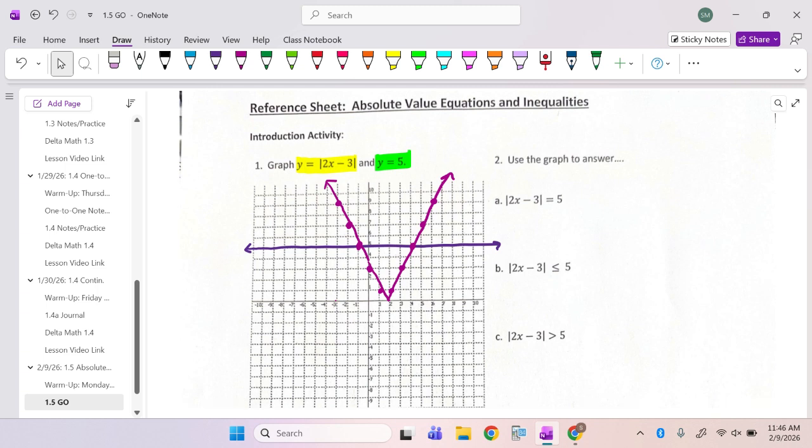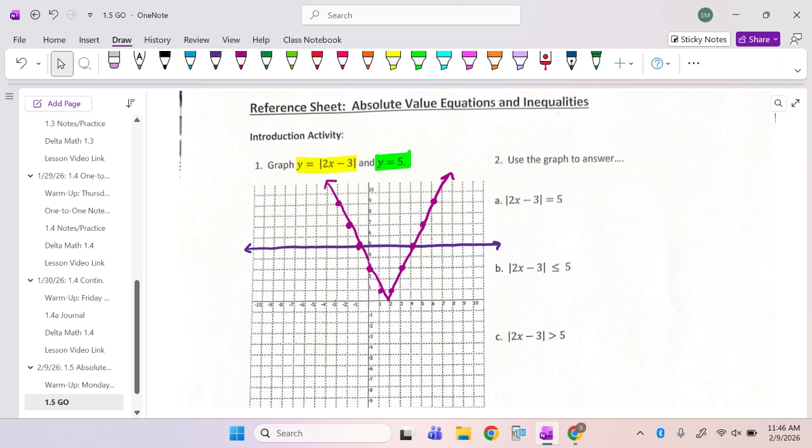The table should be 9, 7, 5, 3, 1, 1, 3, 5, 9, the odd numbers. Thumbs up if you're ready.